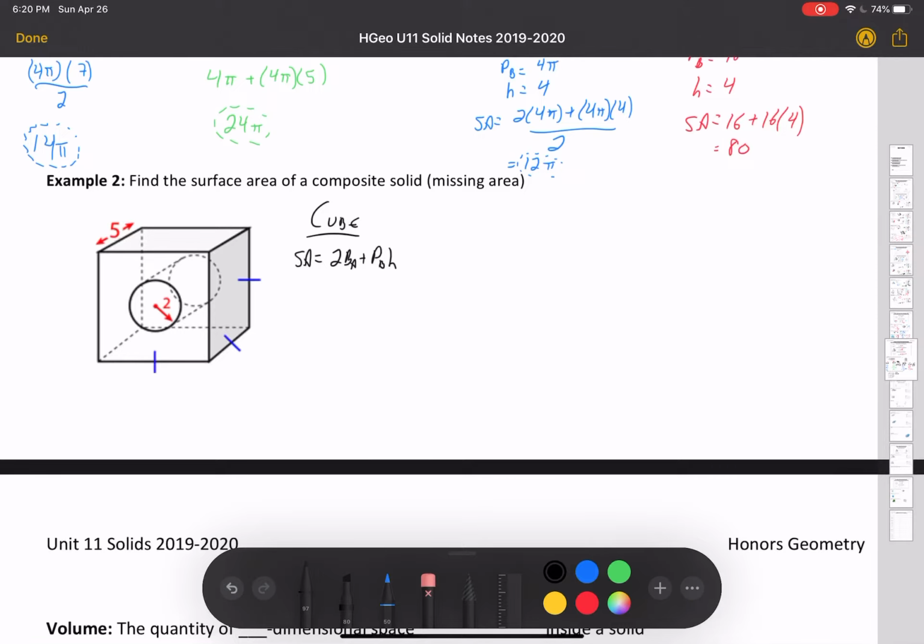But we can't touch 2 circles because those have been cut out from the sides of the cube. So we are going to need to subtract the 2 circles. And then what happens when we remove those 2 circles is that we can now reach in our cube and touch the sides of that cylinder.